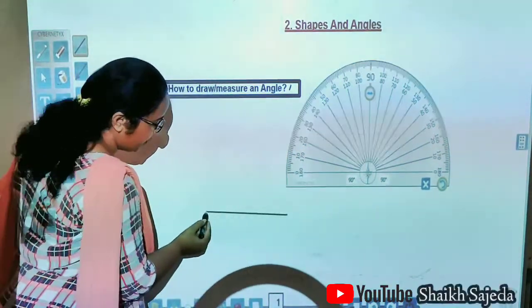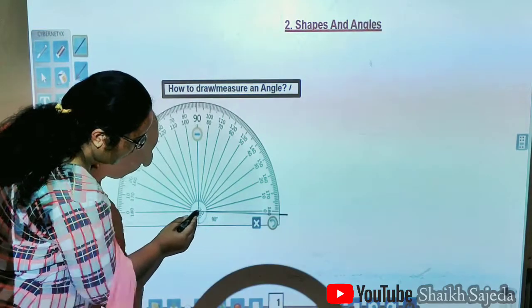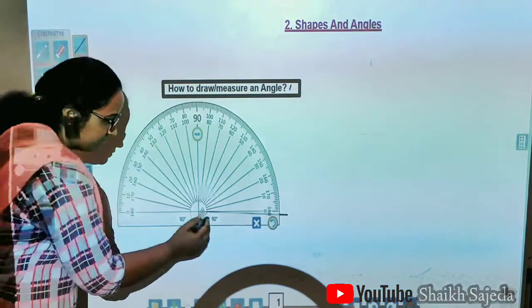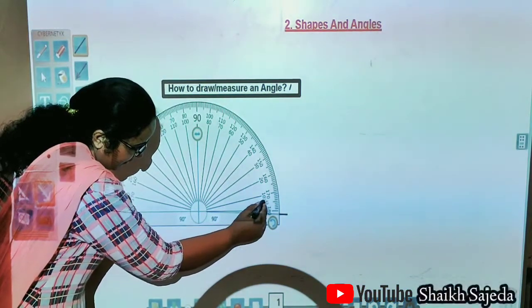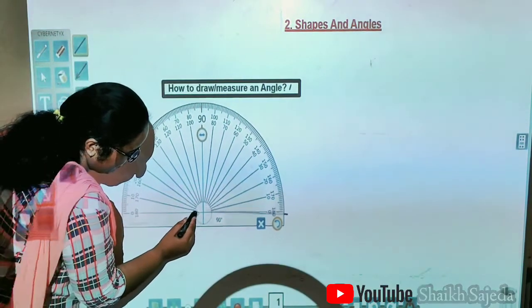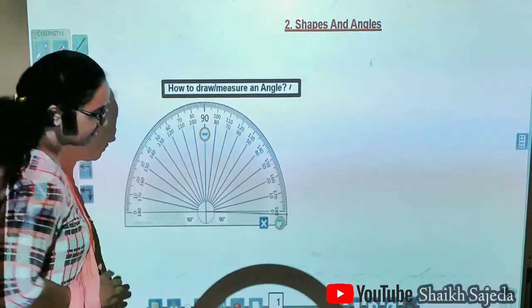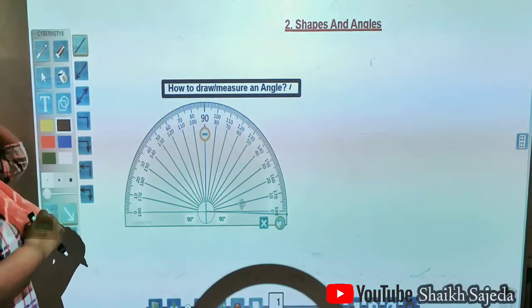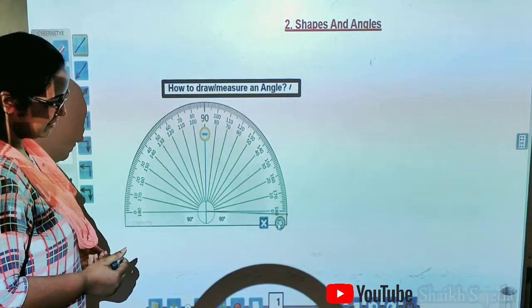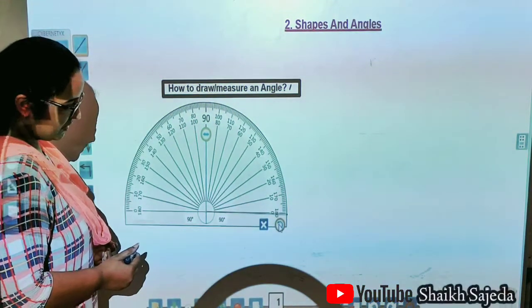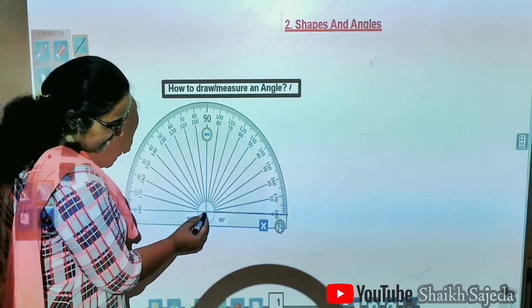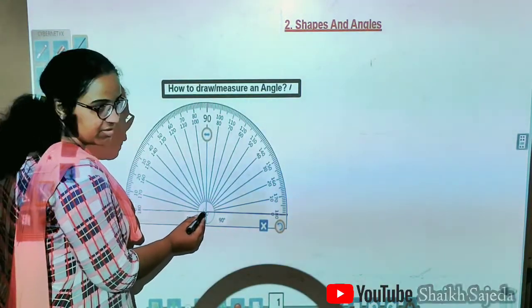This point should be here. So, I will put it here. You have to adjust it, the point must be here.